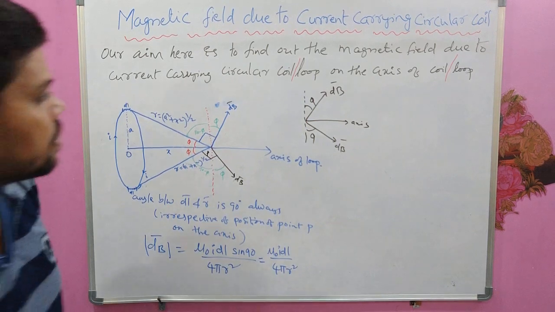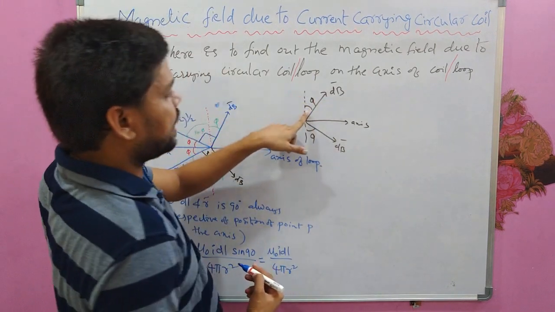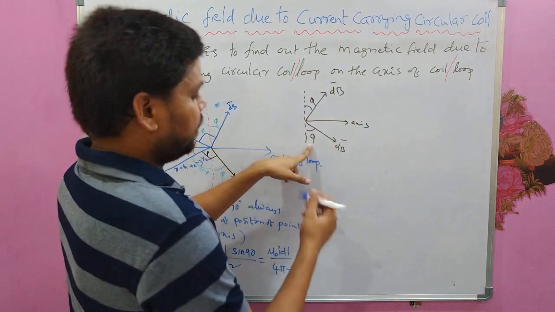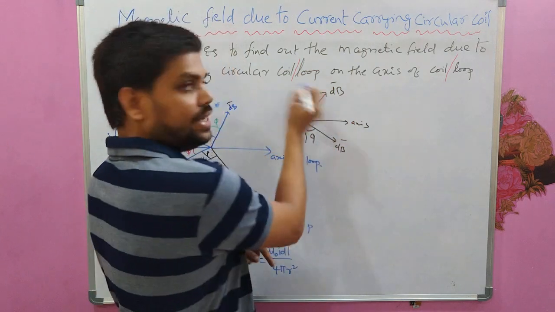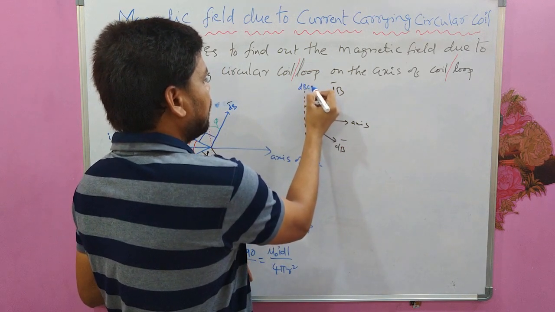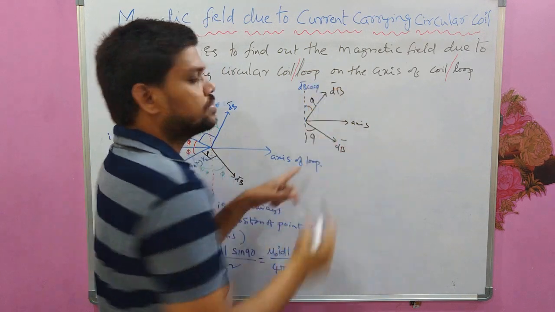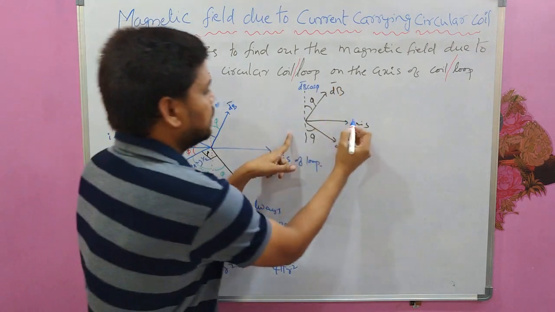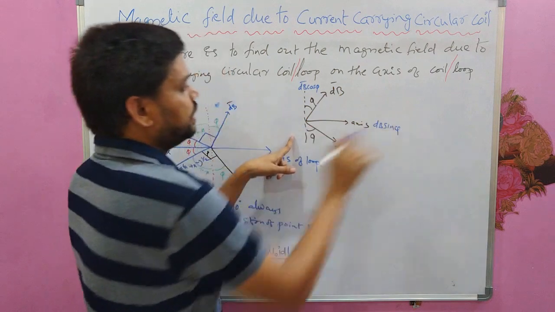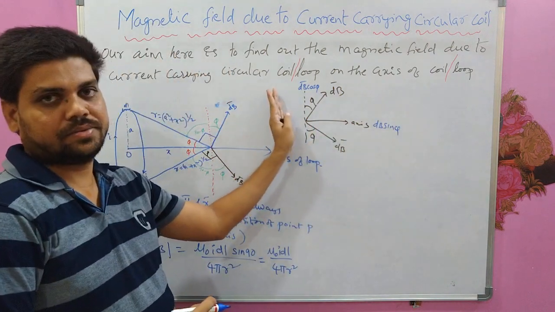Now, if this is dB making an angle phi with the normal and this is dB making an angle phi with the normal, what is its component? This side it will be dB cos phi and this will be dB sin phi, the x component, y component.